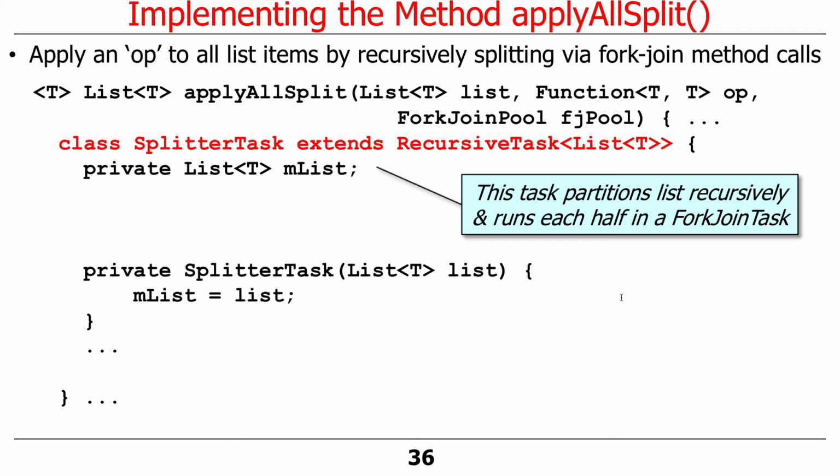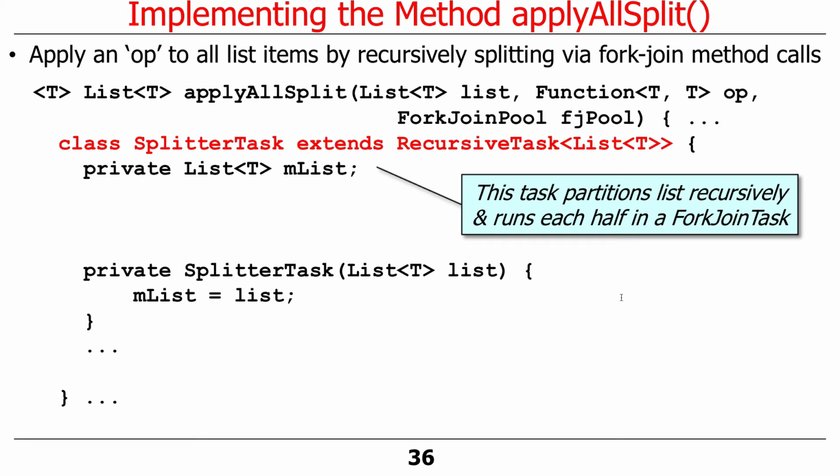Now, let's take a look at what is going on under the hood for our splitter task. Our splitter task is going to have a private field that's used to partition the list recursively and run each half of the list in a separate fork join task. You'll see how this works in a second. It's really, really cool.